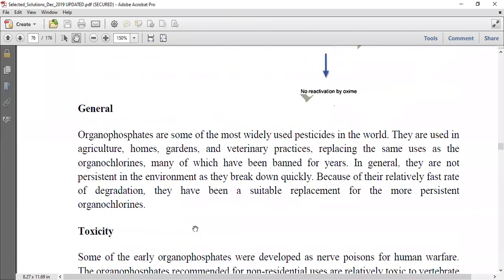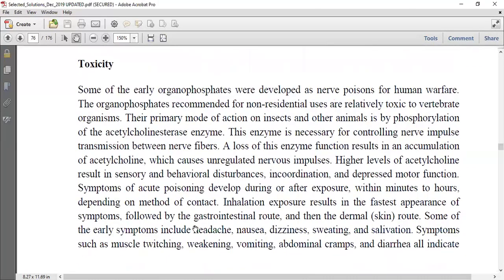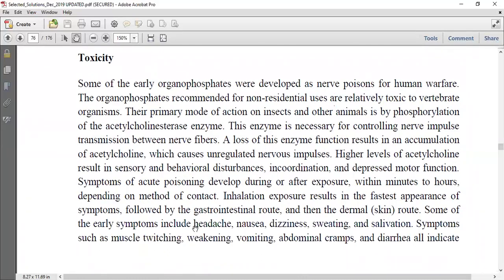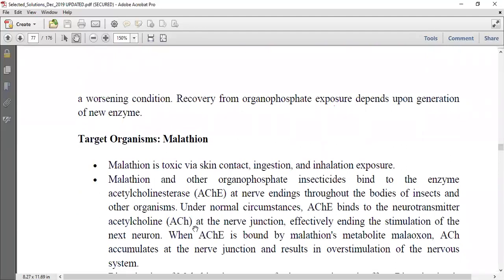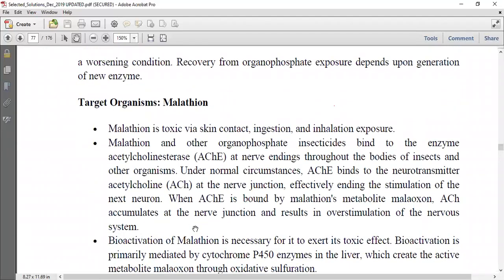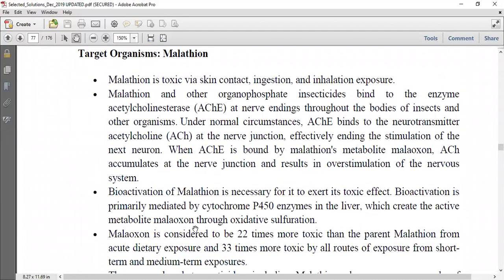This is a general mechanism of these pesticides, right? So malathion, as you see, malaoxon is more toxic than the parent malathion, right?